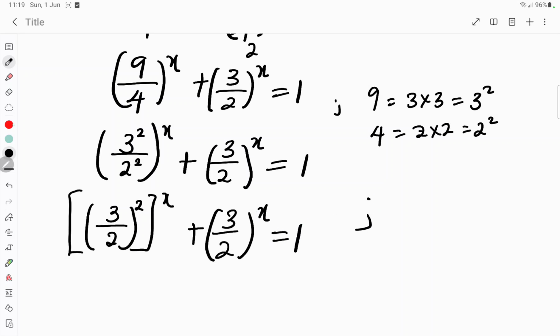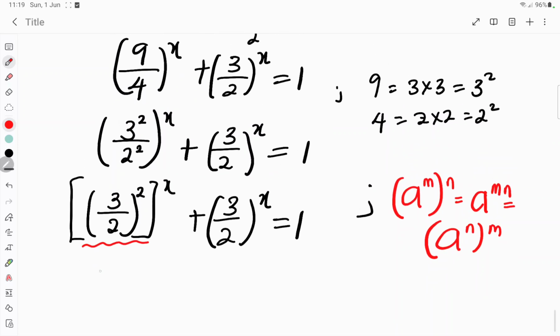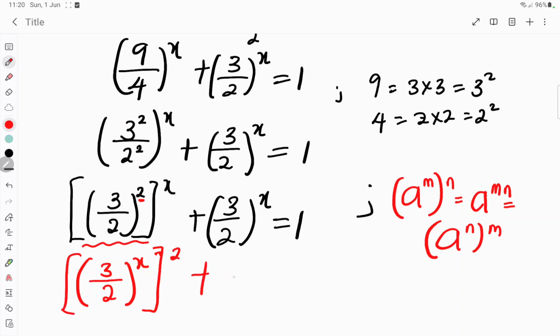From the laws of exponent, we also know that (a^m)^n is the same thing as a^(mn), and we can also take it to be (a^n)^m. The order is never a problem. If that's the case, we are going to apply it at this point. So we can write it as ((3 over 2)^x) all raised to power 2, bringing out this 2, plus (3 over 2)^x equals 1.